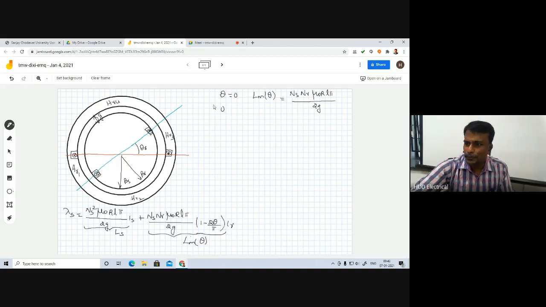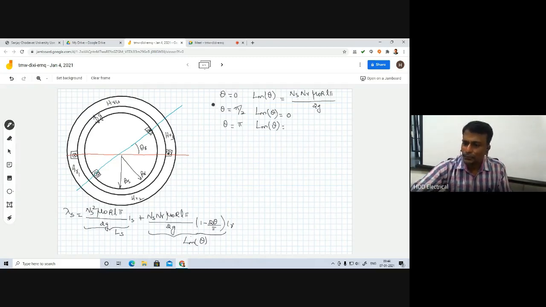Then if theta equals pi by 2, theta equal to pi by 2 means 1 minus 1, so we will have Lm of theta equal to 0. Then theta equal to pi: again Lm of theta is minus of that. We just substitute theta in this equation for the mutual inductance.